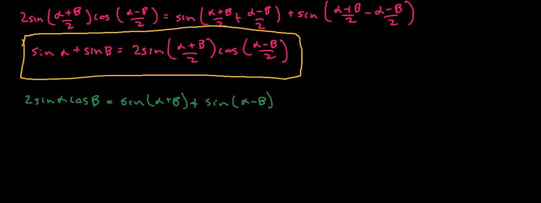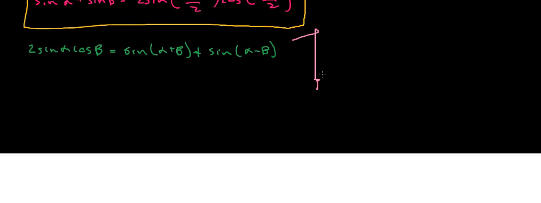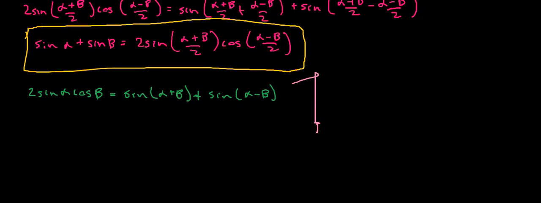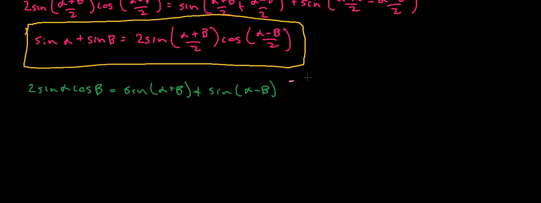And I can do that by making a different substitution. So I can't do alpha plus beta, alpha minus beta, or I can, but I can't do the same order. So this is what I mean. I can't just substitute in alpha is equal to alpha minus beta, or alpha plus beta.